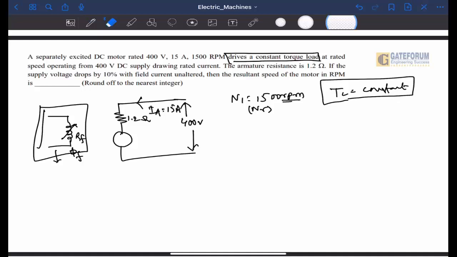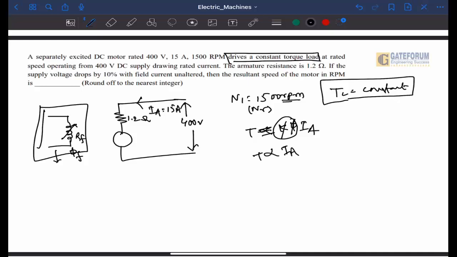So, torque is constant, and torque is K phi Ia. Since the field is constant, K is constant, so torque is directly proportional to armature current, and it is constant. Hence Ia will also be constant, that is 15 ampere in both situations.